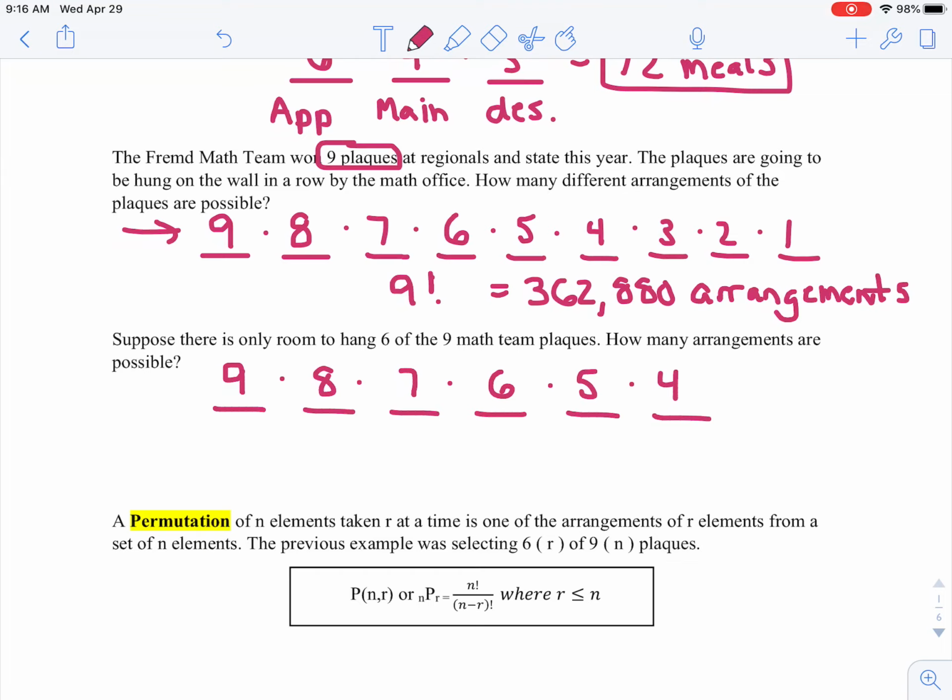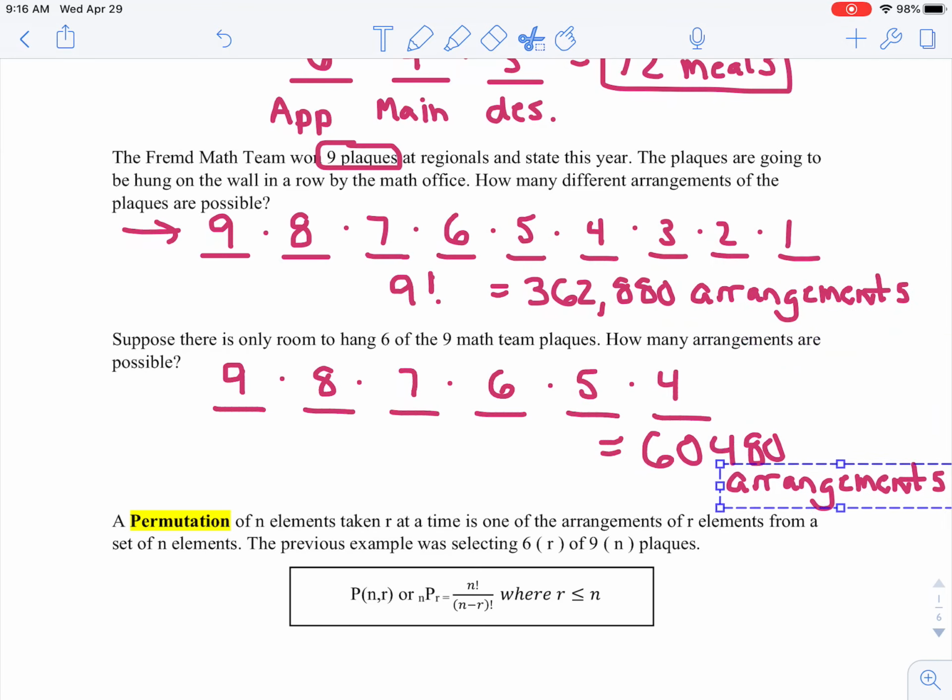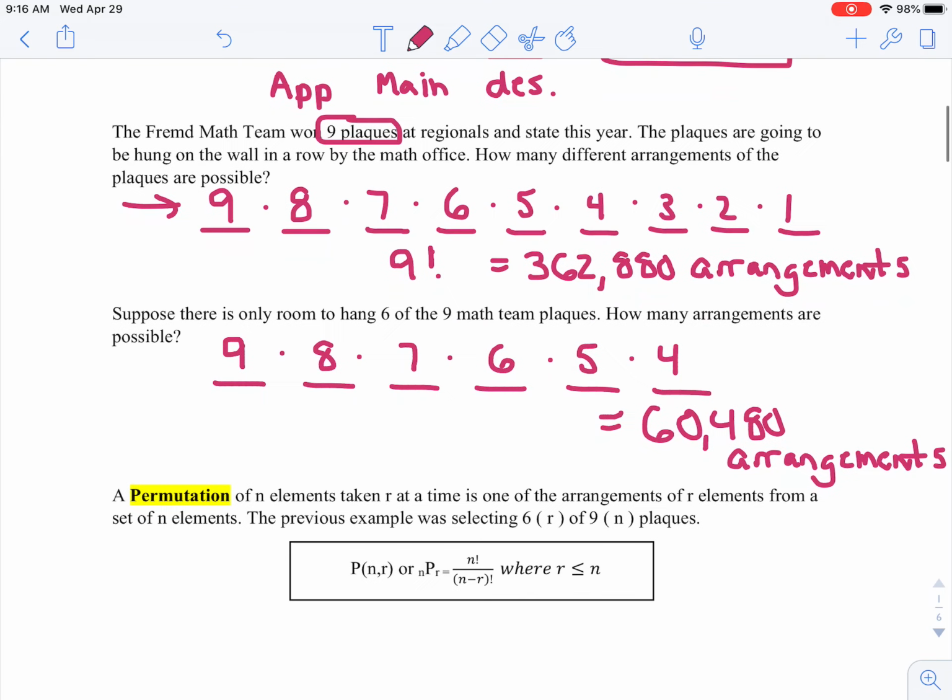So it's not 9 factorial because we're getting rid of those last 3. If I multiply that together, this is 60,480. So 60,480 arrangements this time. So a lot less than before. And this is actually going to play into our next thing.